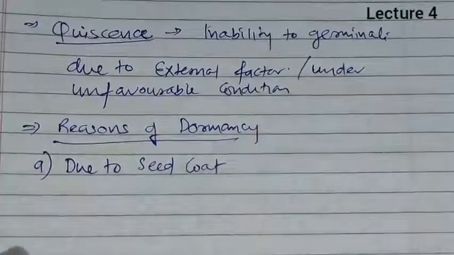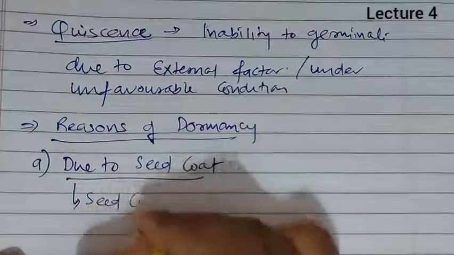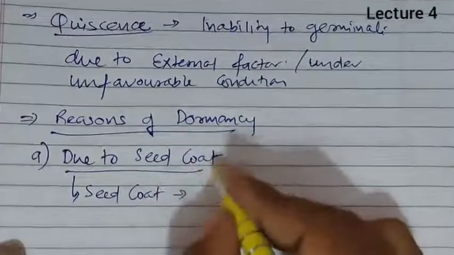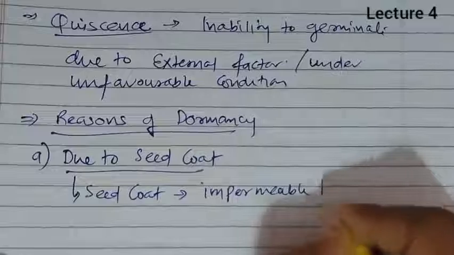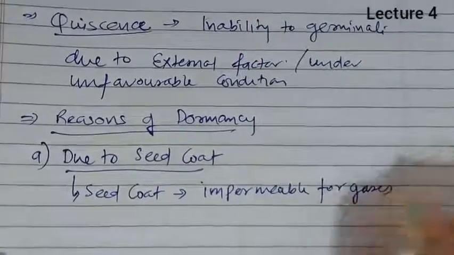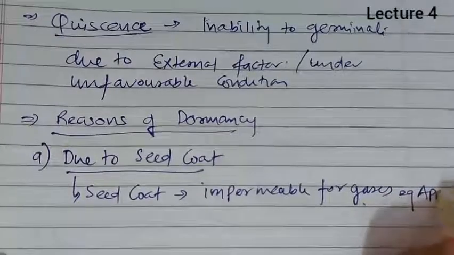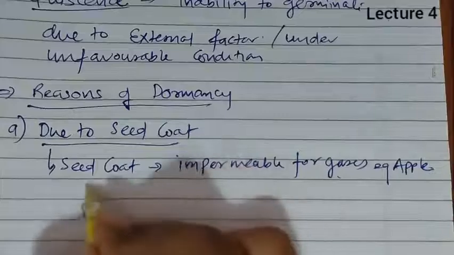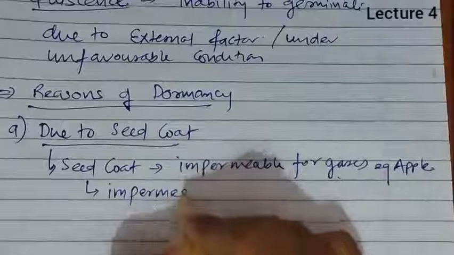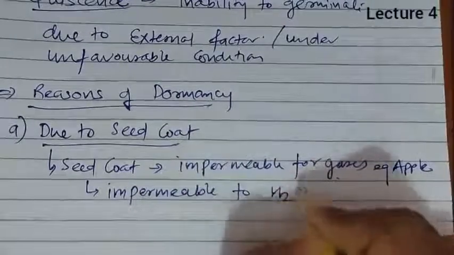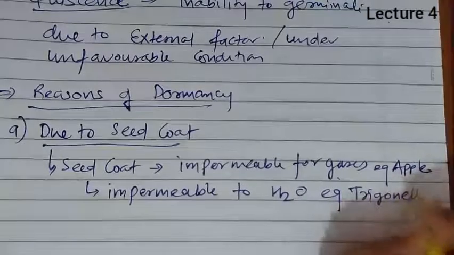The seed coat can be impermeable to gases, and when it is, dormancy can occur, as in the case of apple. Second, if the seed coat is impermeable to water, then seed dormancy is observed, as in the case of Trigonella, because water will not enter.